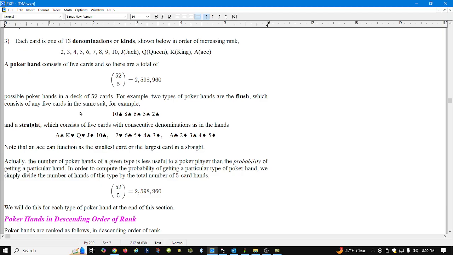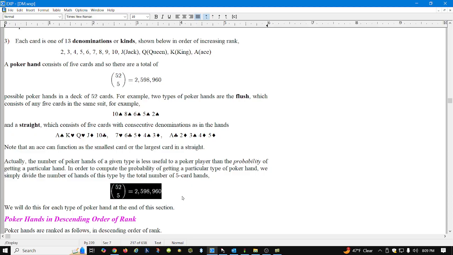Actually, the number of poker hands of a given type is less useful to a poker player than the probability of getting that particular type of hand. And so to compute probabilities for a particular type of poker hand, all we have to do is divide the number of hands of that type by the total number of 5-card hands, which we've already seen.